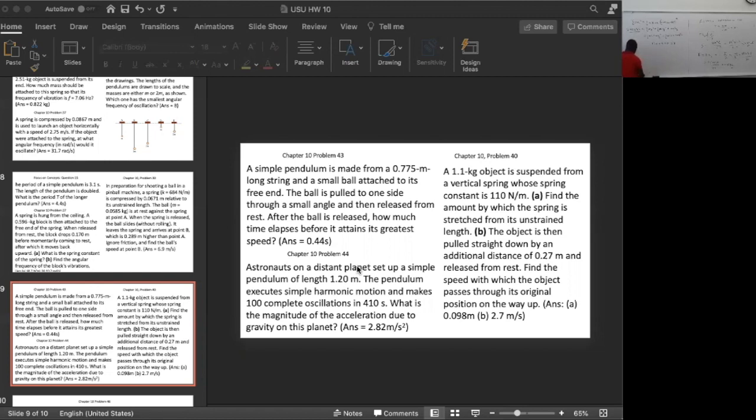So half of 1.1 is 0.55. So 7.44832 equals 0.55 v final squared plus 0.098 squared times 55, which is 0.52822, plus 9.8 times 1.1 times 0.27, which is 2.9106.